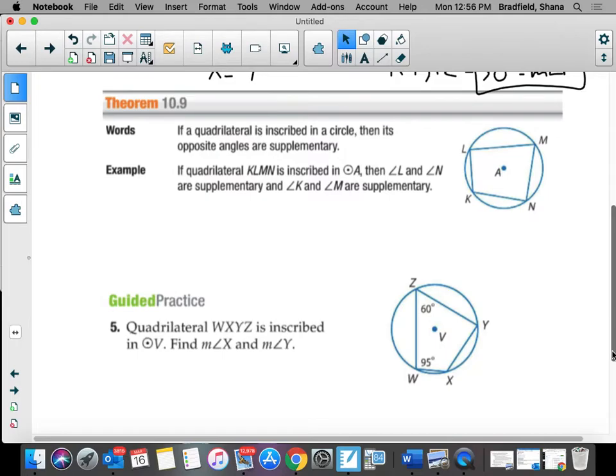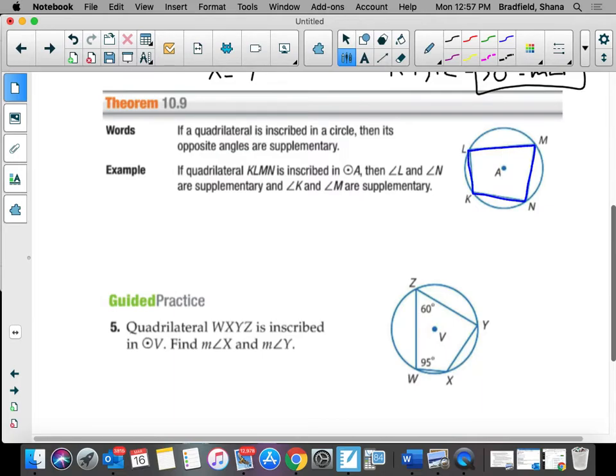Okay, last concept here in this lesson is that if a quadrilateral is inscribed in a circle, then its opposite angles are supplementary. So on the right we have circle A with quadrilateral LMNK.